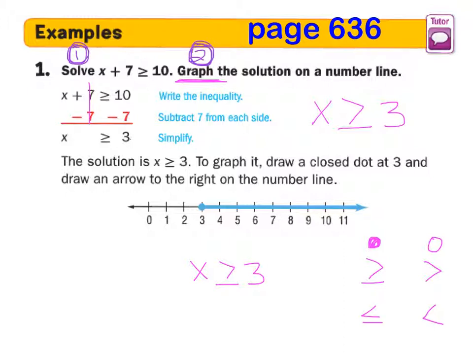Because we have the equal sign, we have a closed dot at the 3, because our answer can actually be 3. Then we have to pick values that are greater than 3. I know 4 is greater than 3, 10 is greater than 3. I can check the other side. 2 is less than 3, so that doesn't work. So I put my arrow to the right.